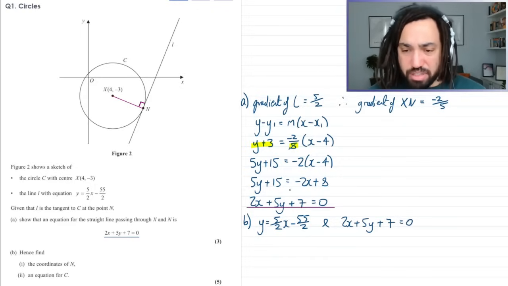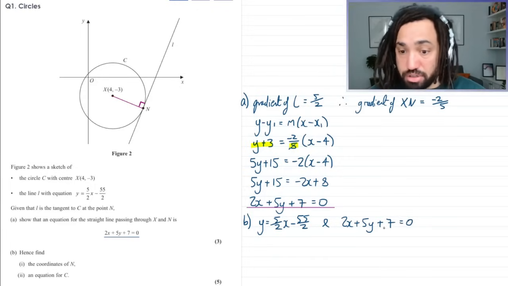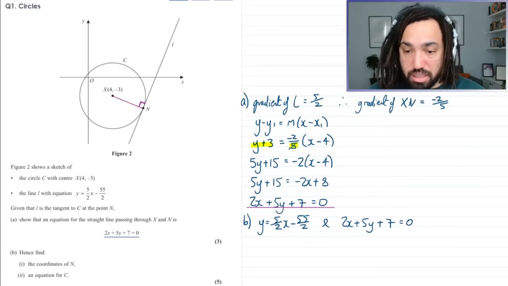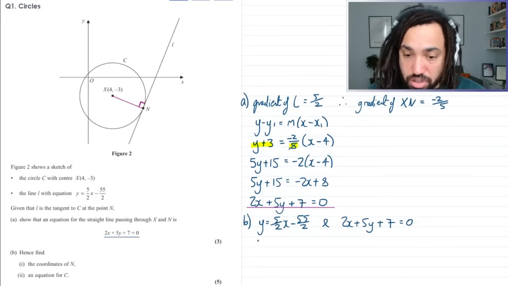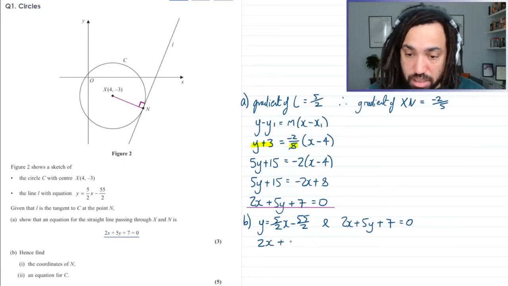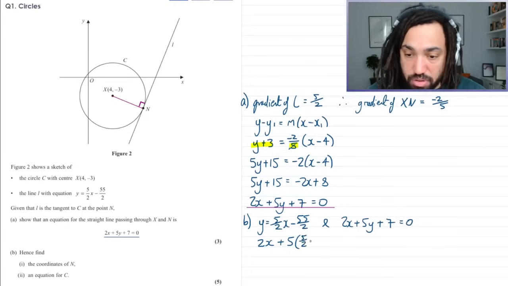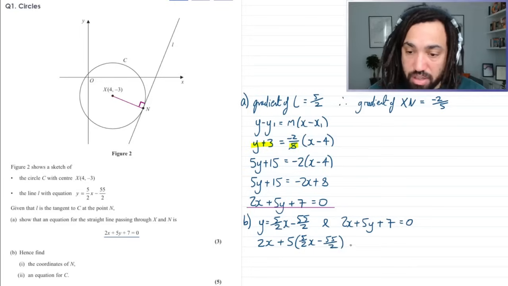Perhaps the best thing to do here is just solve them by substitution. So I'm going to sub this one into here. So we have 2x plus 5, and I'm going to replace the y with 5 over 2 x minus 55 over 2, and then plus 7 equals 0.